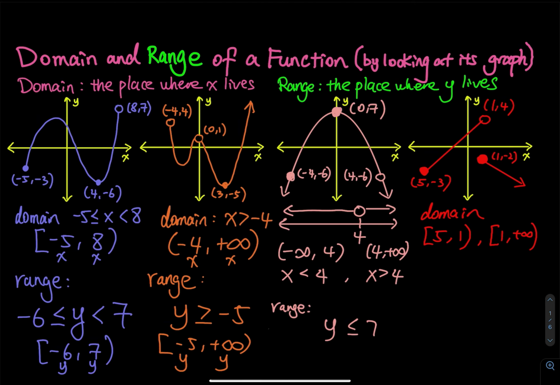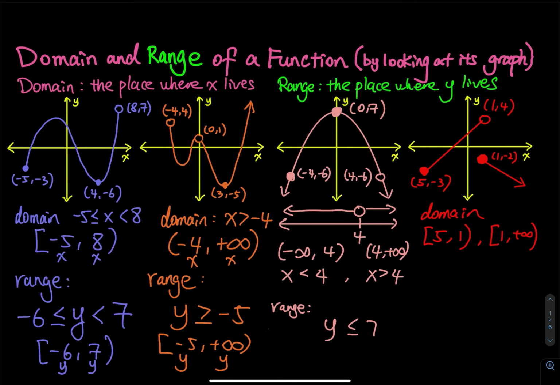And then what happens when x is equal to 1? This is the graph of a piecewise function. When x is equal to positive 1, we will be taking this point, y is equal to negative 2. So since we have two pieces, do you still remember the piecewise function? We will just cut that into two subdomains. So this is the domain for the first piece, this is the domain for the second piece.